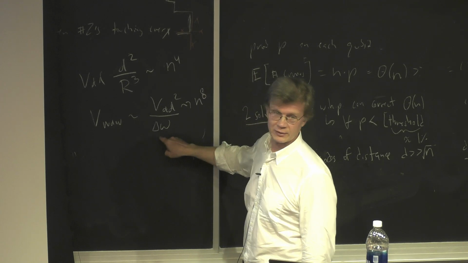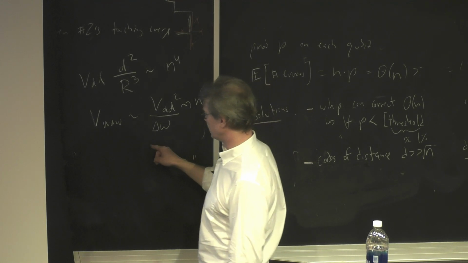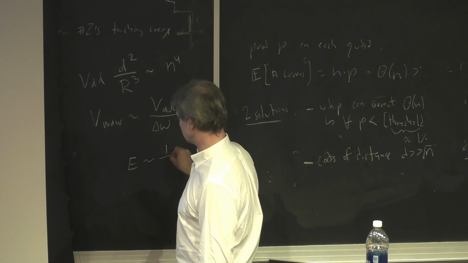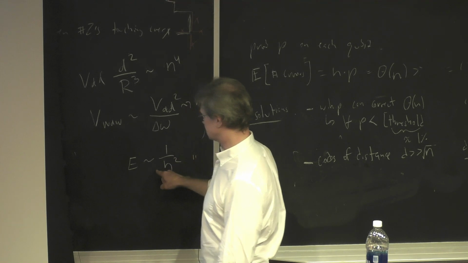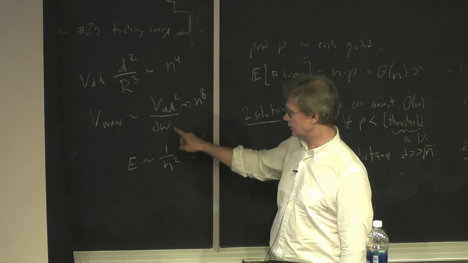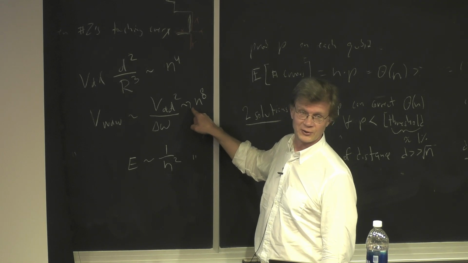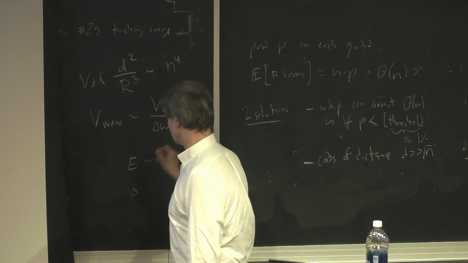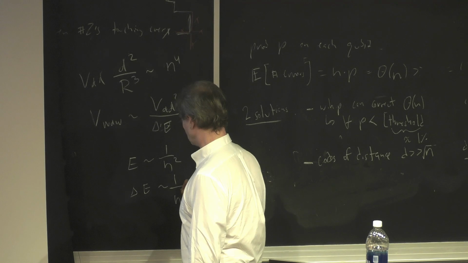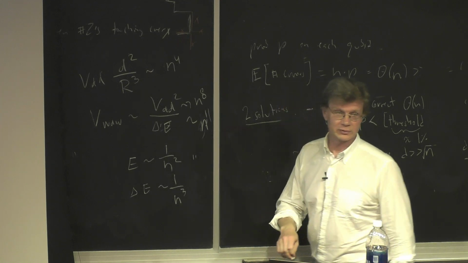But then there is this energy denominator. The energy levels of the Rydberg series scale like 1 over n squared, and the energy difference, the derivative, becomes n to the cube. That's where this n to the 11th comes out.